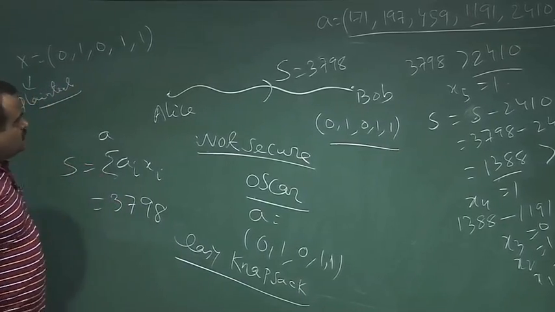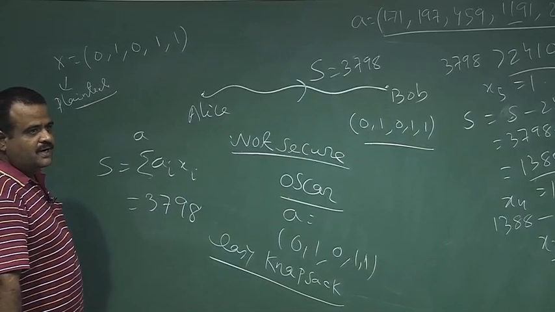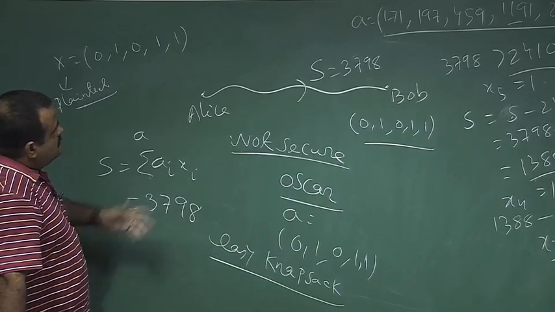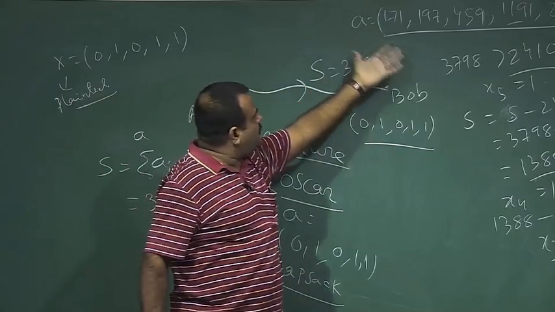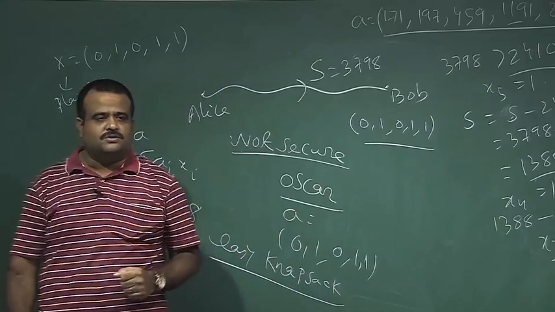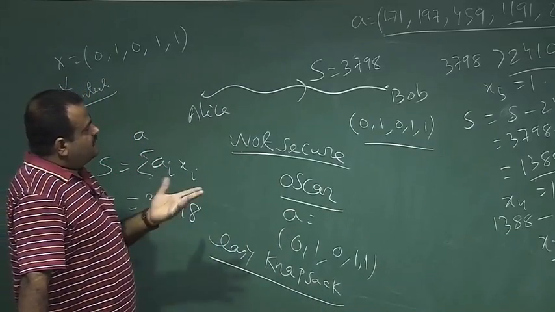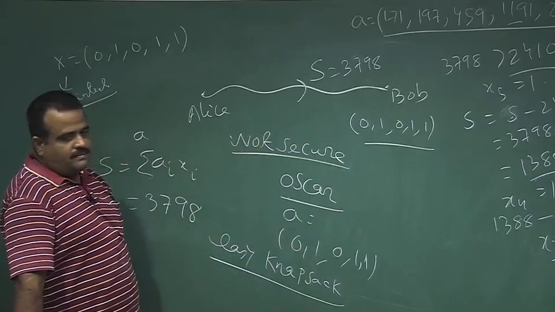So now the idea is how we can make it hard. The super increasing property is the problem: if we make it public, then everybody knows it and anybody can apply that algorithm and get the message.